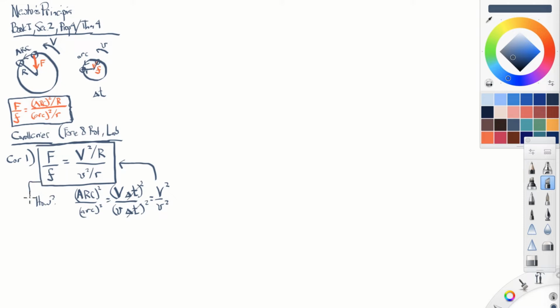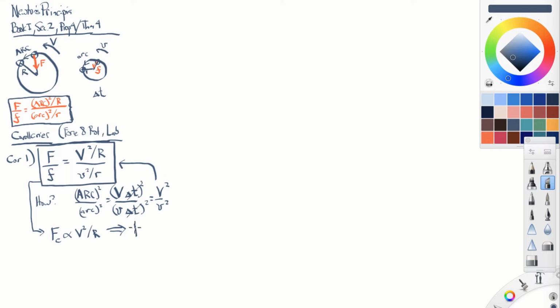By the way, maybe I'll say one other thing about this formula. Here it's written as a ratio, but as usual, when we talk about ratios, it has implications about how you can write things as proportionality. So what this is essentially saying is that the force required to hold something in a circular orbit, that is a centripetal force, is proportional to the square of the velocity divided by the radius. So whenever you have something in a circular orbit of radius r moving at speed v, there must be a centripetal force that's proportional to these. Okay. This will come up a little bit later, so let me just mention this right now.